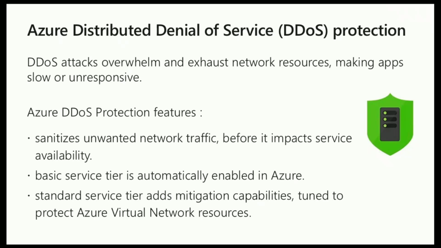But DDoS protection is used to protect your Azure resources that use public IP addresses from getting flooded and knocked offline. There's a basic level, a free level of protection, and there's a premium level of protection as well.